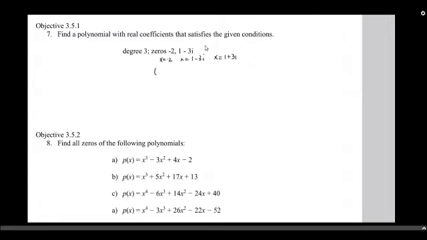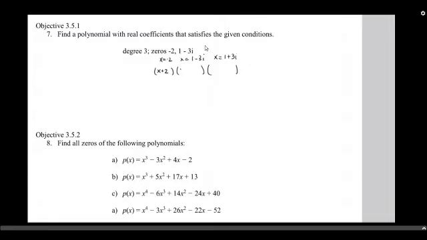What I now need to do is put these zeros into factors. If x equals -2, that means x plus 2 is one of my factors. With these complex zeros, remember I suggested that you move all of these terms over to the other side to be with the x. So that was going to be an x minus 1, and then I'd have to add the 3i.